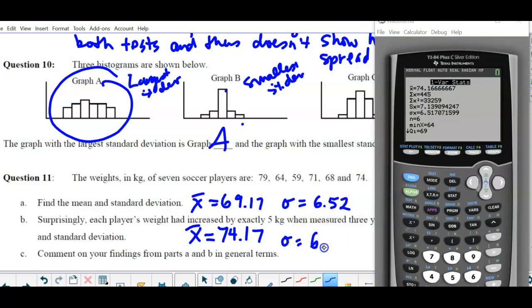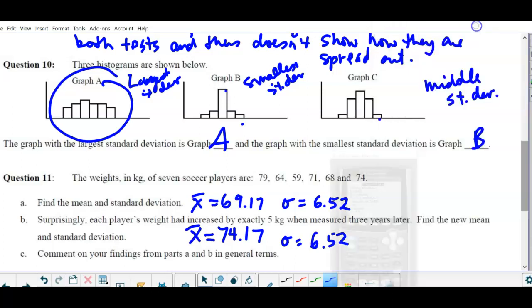So think about these values. They all increase by 5, so that means the mean will increase by 5 because they all increase by a constant value. But by doing that, they're still spread out the same. So adding or subtracting a constant value to all the data values will change the mean by that amount, but it will not change the spread.